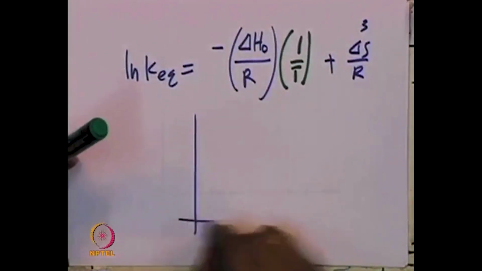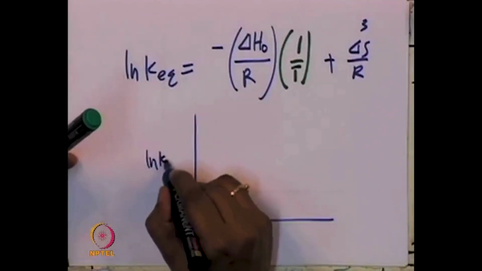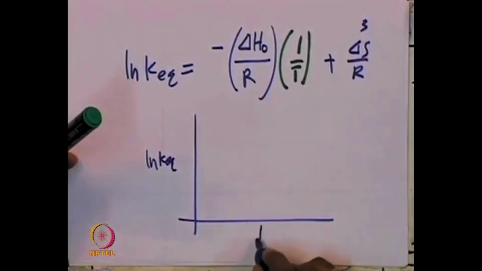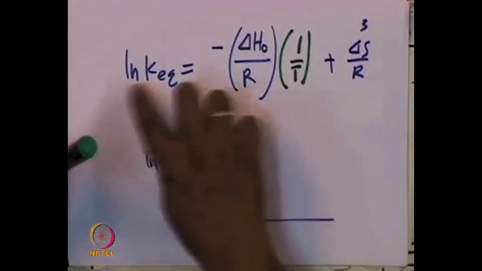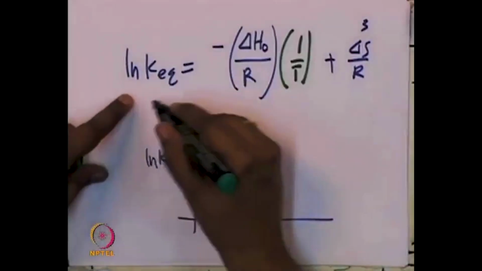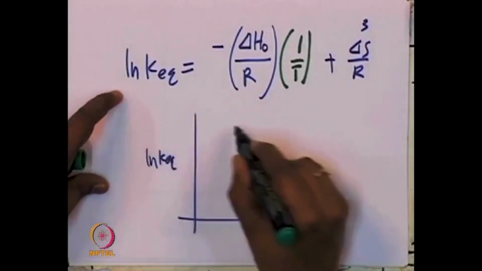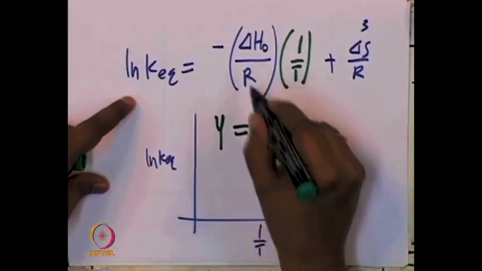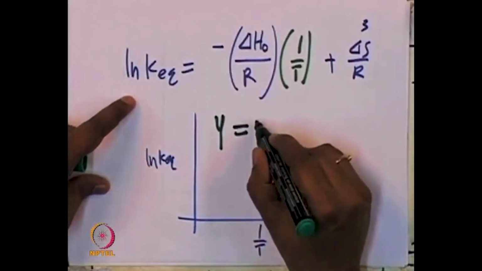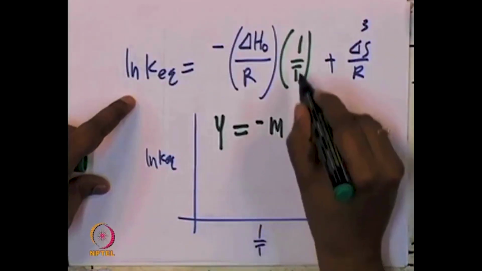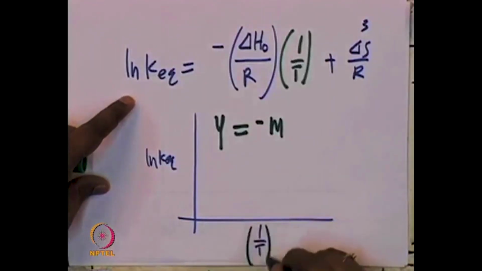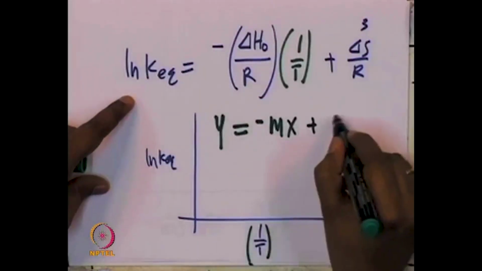Now, ln K equilibrium versus 1 over T. If you look at this equation, this is the y. This equation looks like y is equal to some constant with a minus sign, m, times 1 over T, which is your x axis, so this is x, plus some other constant c.